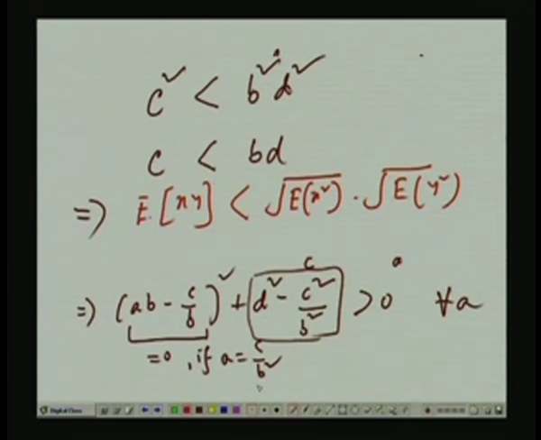This treatment, the Hilbert space treatment, is very useful for carrying out estimation using random variables. That is, some unknown random variable is to be estimated as a linear combination of some observable random variables, an optimum linear combination.